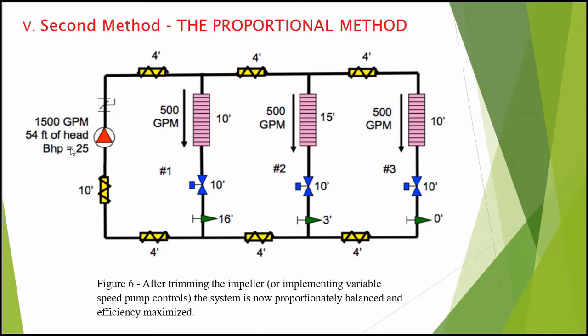And that's significant when it comes to energy savings, and it's reflective of the kind of energy savings that comes from proportionately balancing the system and making the necessary pump adjustments.